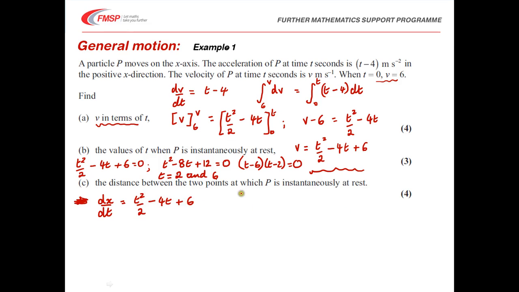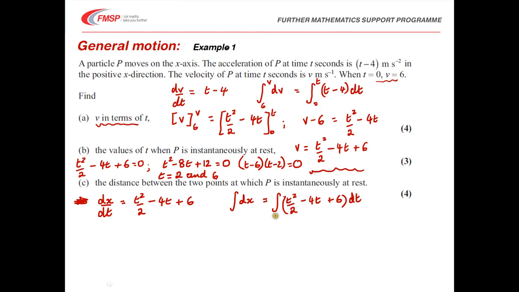If we want to find x in terms of t, again we need to integrate. So left hand side integrating with respect to x, that's going to be the integral of t squared over 2 minus 4t plus 6, all of that integrated with respect to t.